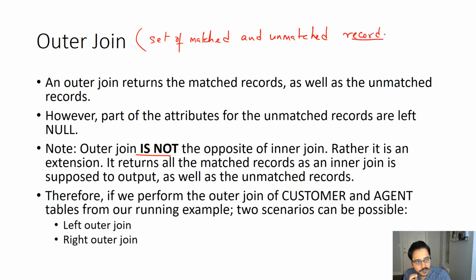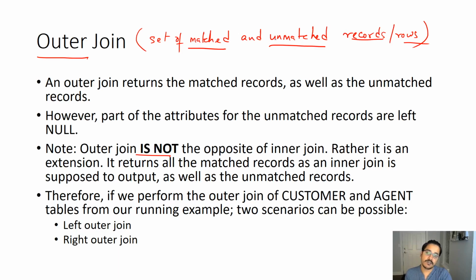Remember, records is another way of saying rows. So that is what outer join is. It does inner join, but on top of that, it also returns the rows which do not have any kind of matching with the other table.